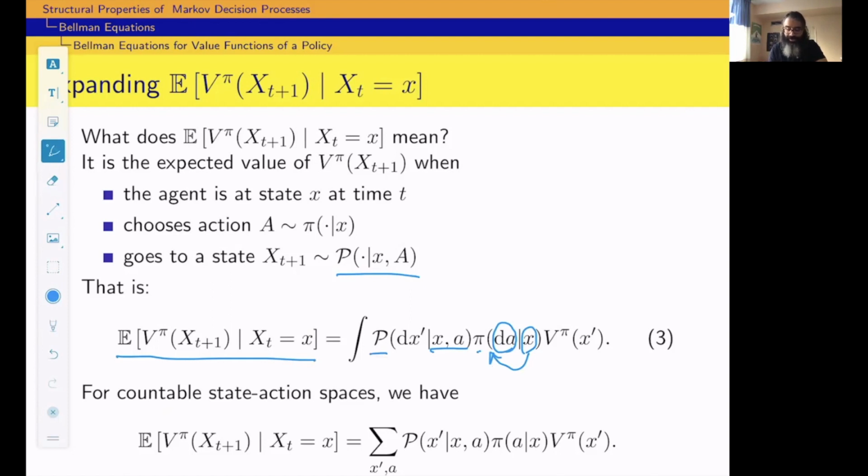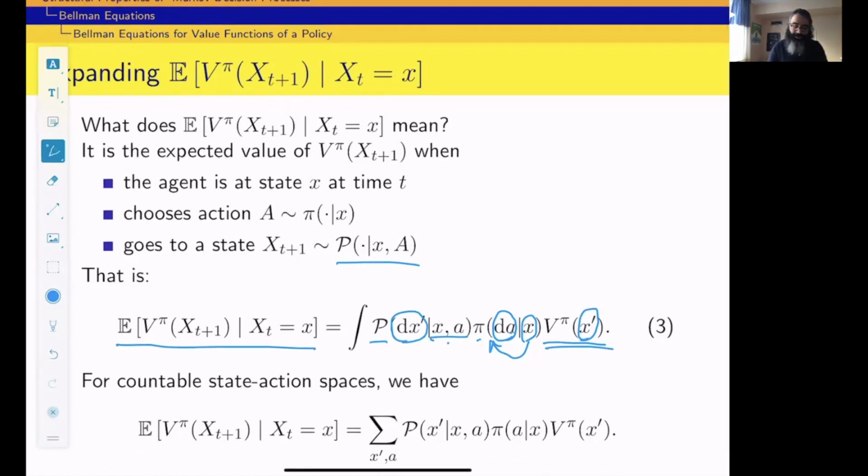So when we have x and action a, with some probability P(dx'|x,a) we go to state x prime, and this probability is determined by the transition kernel. Then we compute the average value of the value functions that we observe at x prime, so we are at x prime and we compute V^pi. This is the whole conditional expectation that we are doing, I just wrote it a bit more explicitly.